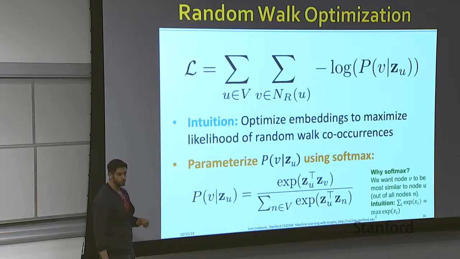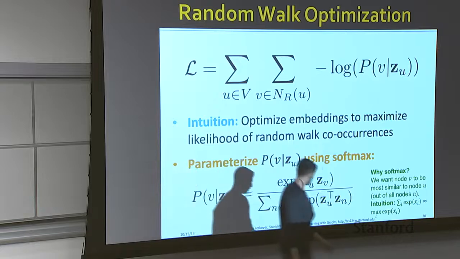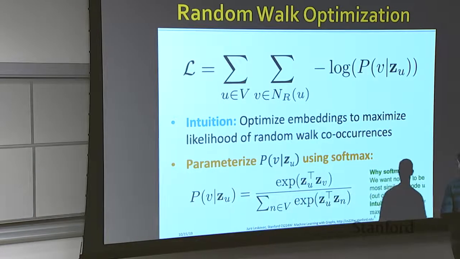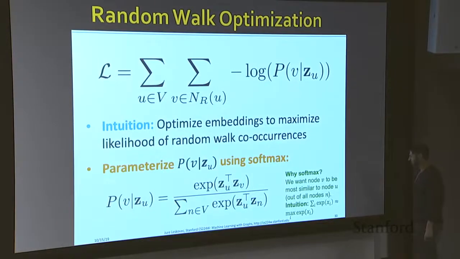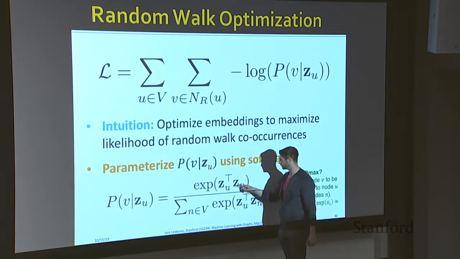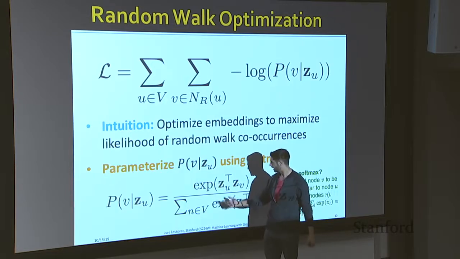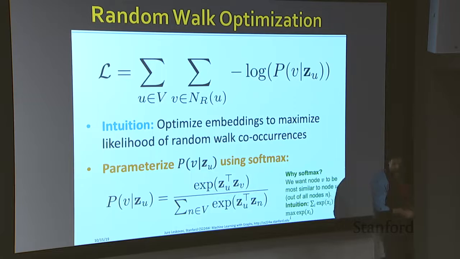Now, how do we parameterize this in a way that we can actually compute it? The idea is that we can use a softmax. You might have seen this in a lot of machine learning courses, but let me go through it once again. We want our node v to be the most similar to node u. So we take the similarity between the two vector representations, and what the softmax does for us is turn vectors into a probability distribution.